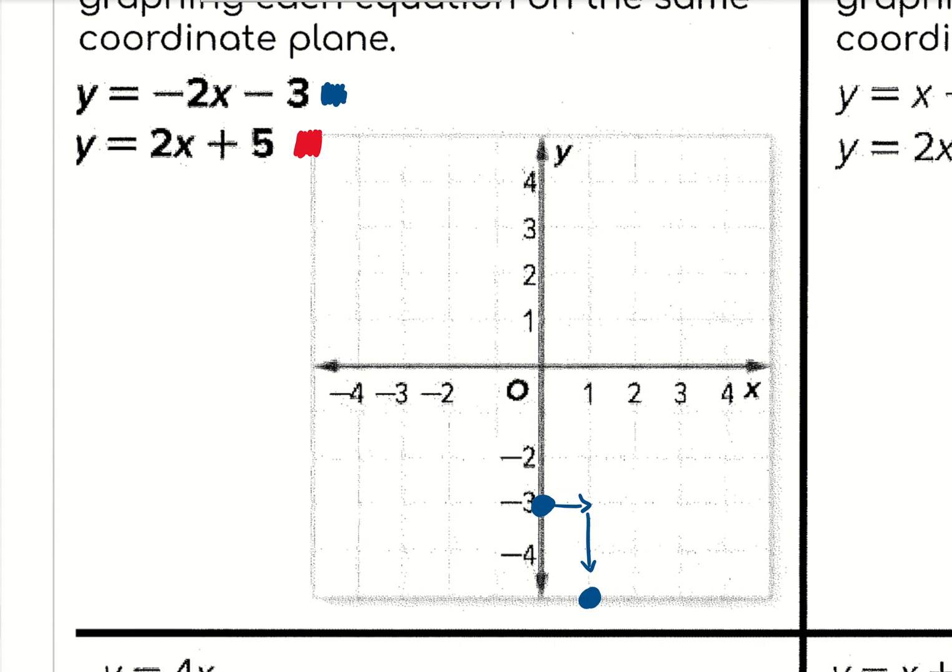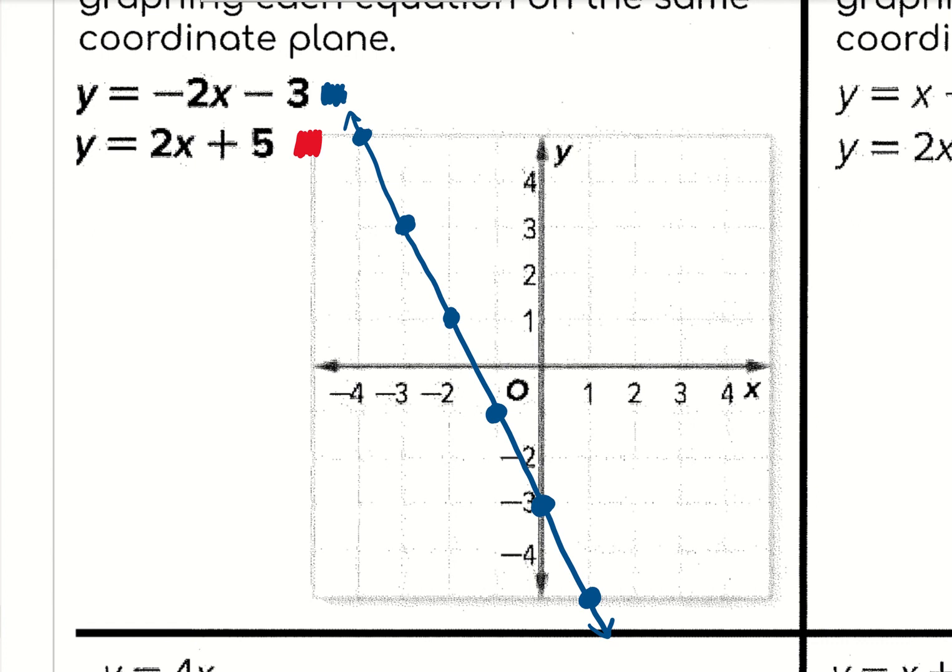If we go backwards, we would get a point right here, and right here, and so on and so on. We can go all the way up here if we wanted to. So our graph for that one should look like this, and that is the first one.